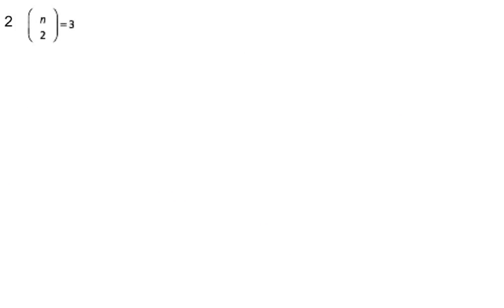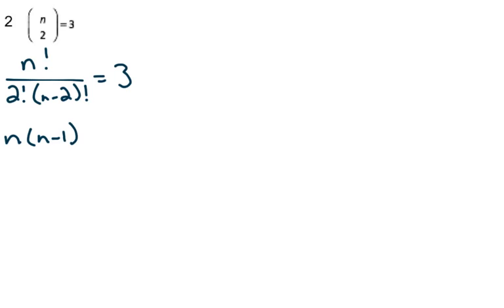Moving on to question 2, same idea. Top will be n factorial. Bottom would be 2 factorial times (n-2) factorial. That equals 3. The top would expand out to n times (n-1) times (n-2), and so on, down to 2 and 1.